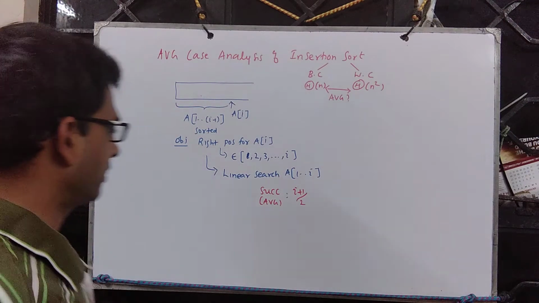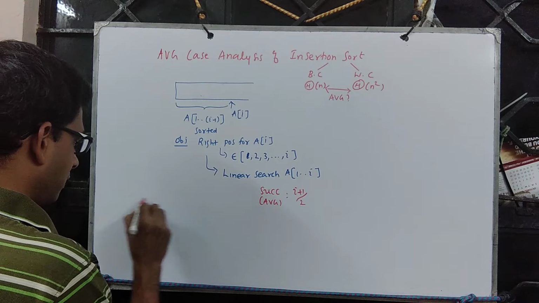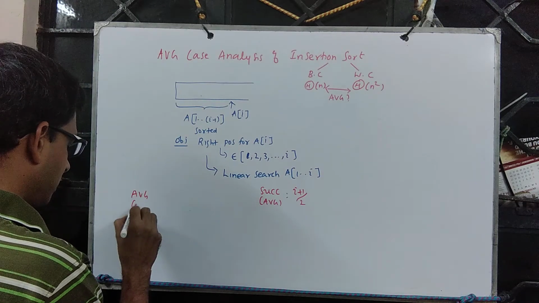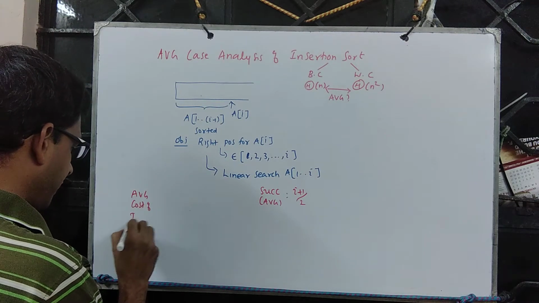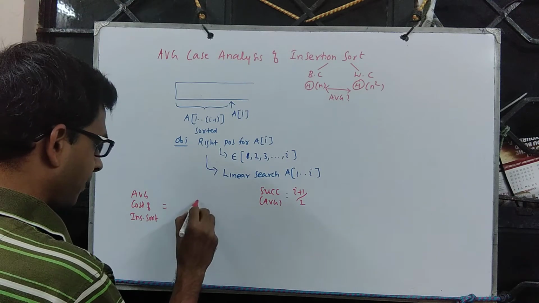Correct? That's all. If you substitute that, we are done. So the average cost of the insertion sort algorithm is precisely this.